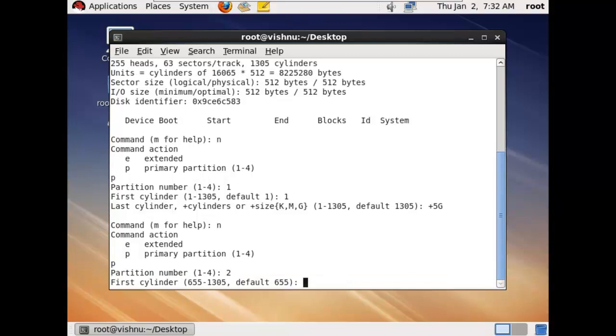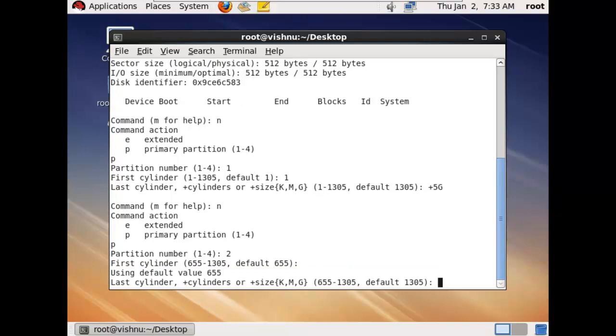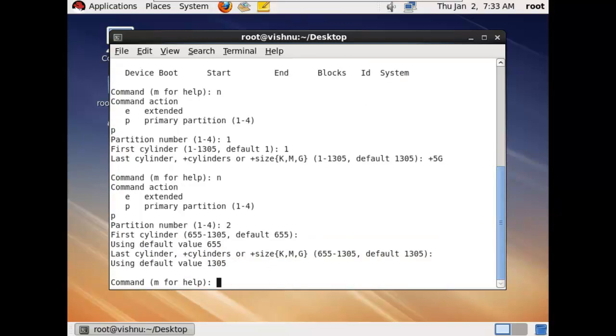Then again, don't give any size because only 5 GB is remaining on SDB. So we want that all the remaining space on SDB will be utilized by the second volume. So for that, don't write anything, just press enter, and then again just press enter. So all the remaining space on SDB will be occupied by the second volume.